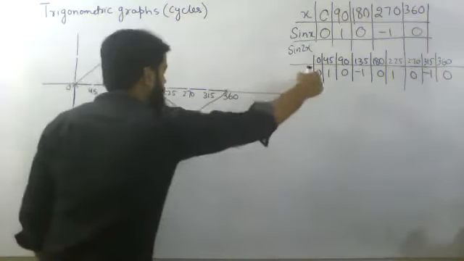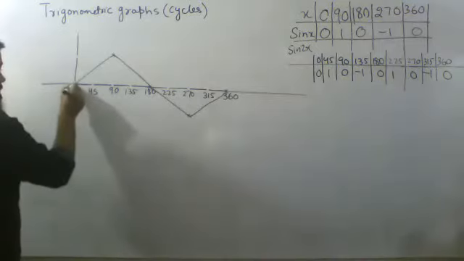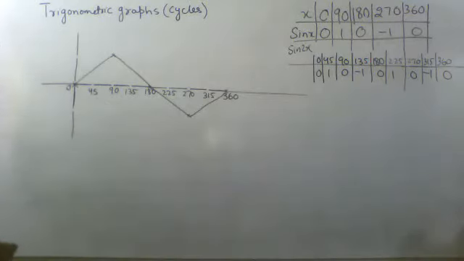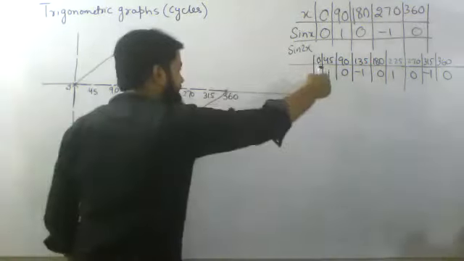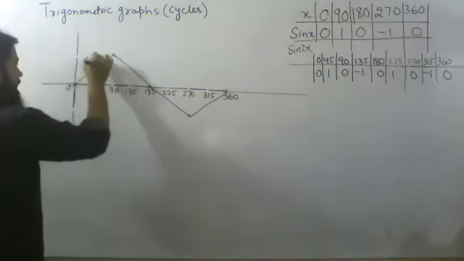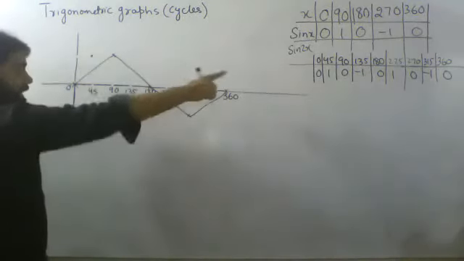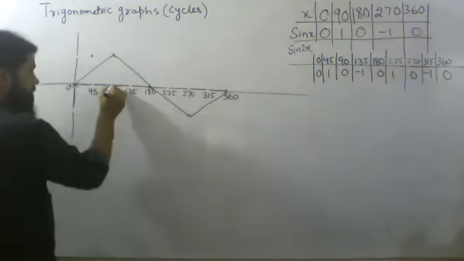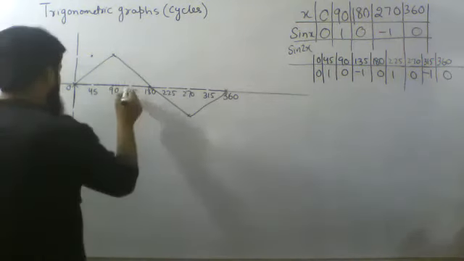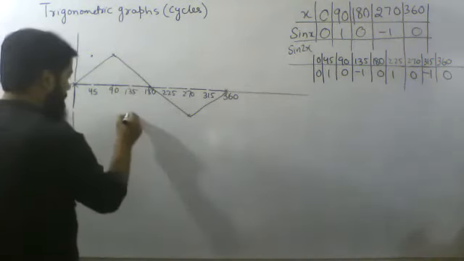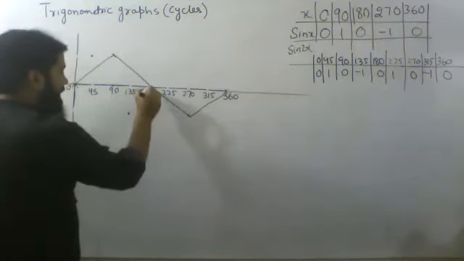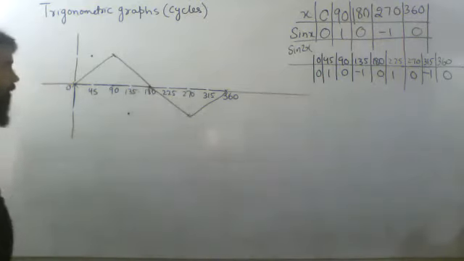At 0, the value is 0. Add 45, now it is 1. Add 45, now it is 1. Add 90, it is now 0. At 135, it is now -1. And at 180, it is 0.